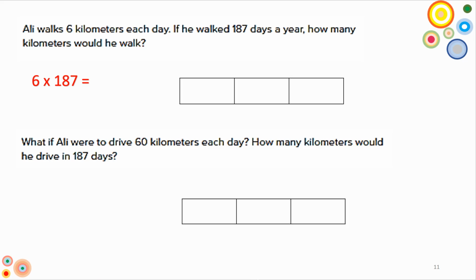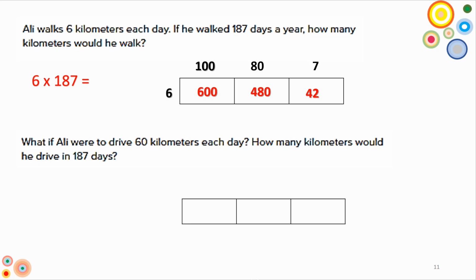Here I have a big number like 187 times 6. Okay, draw an area model, split each one. Here I have just one, 6, times 187, so 100, 80 and 7 times each one. 6 times 100, 600. 80 times 6, 6 times 8, it will be 48 and 0. 6 times 7, 42.